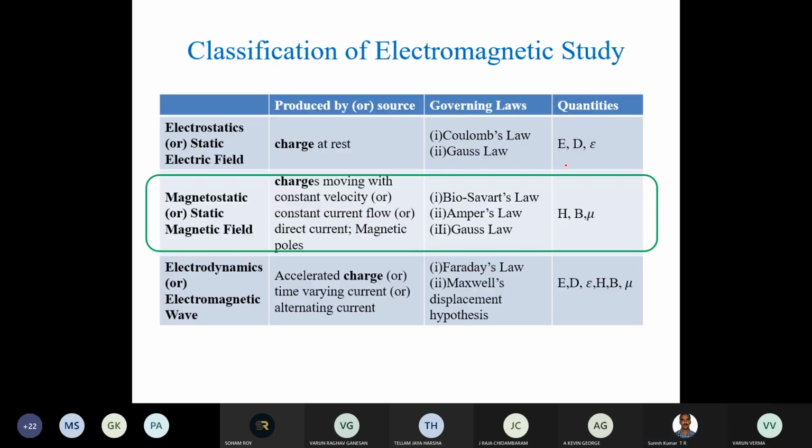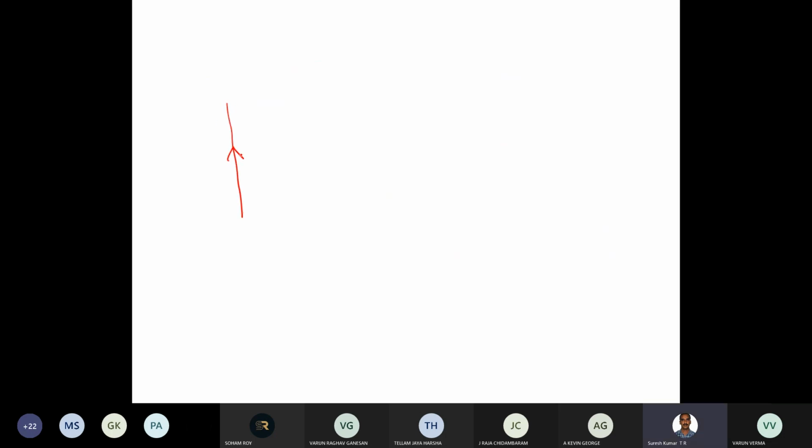So this is a very basic rule that you need to recall. When current is flowing through a conductor, a magnetic field will be produced, in a circular loop perpendicular to the wire. So this is the current carrying wire. Let us say I is the current, and a small elemental length is dl. If you write I alone, you can't specify the direction of current flow.